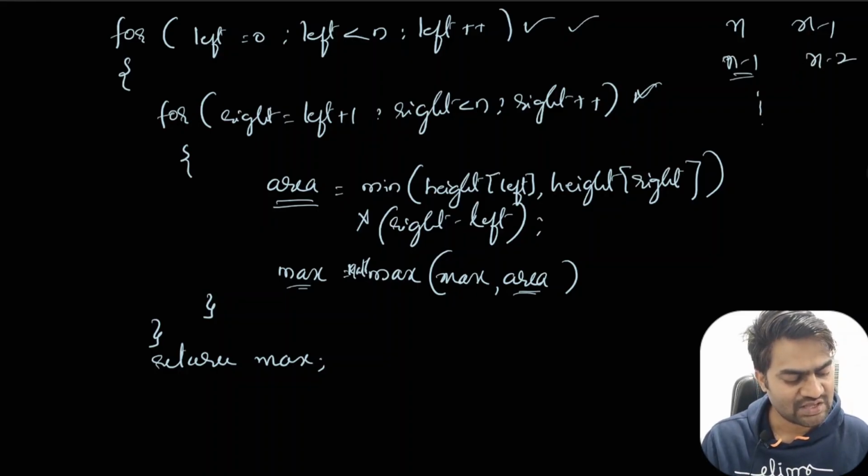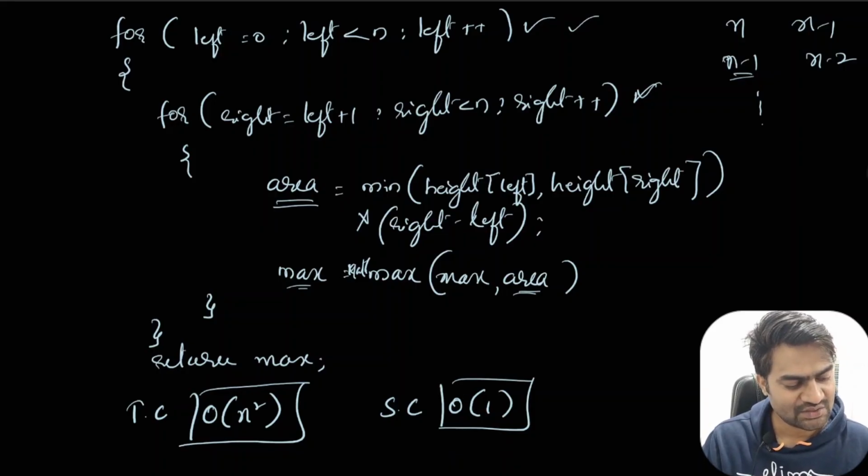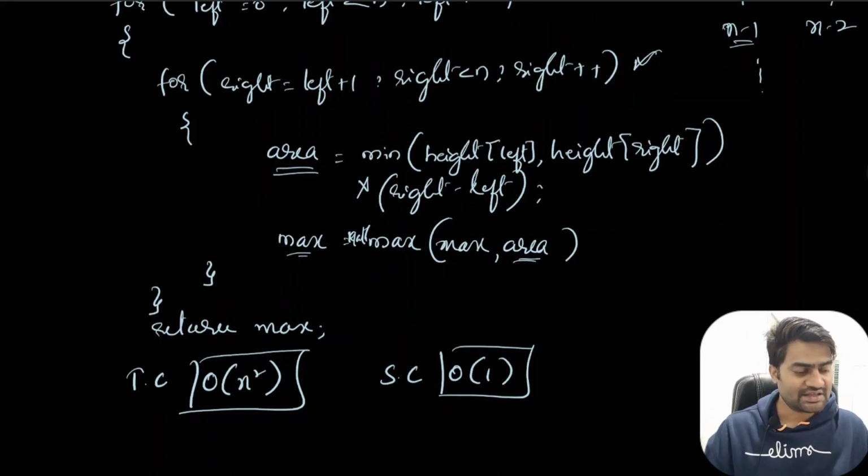So somewhere the time complexity is of order n square, and space complexity is of constant space. Basically, we are not using anything extra. So this is the extreme brute force solution for this particular problem.